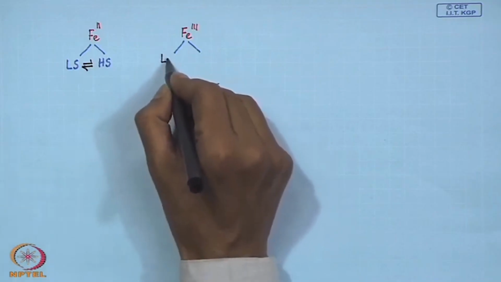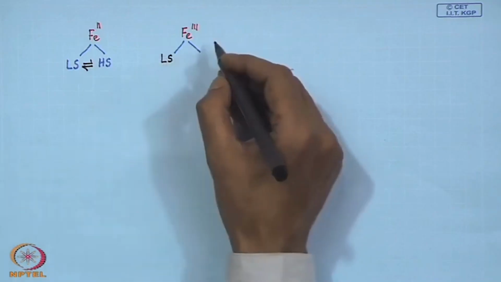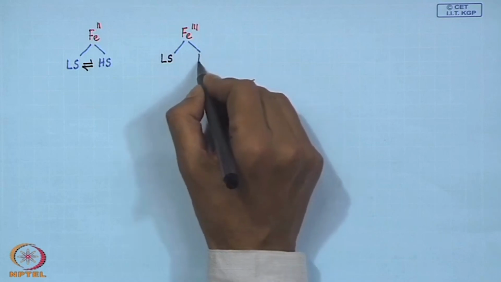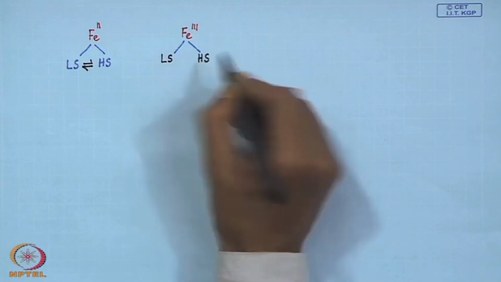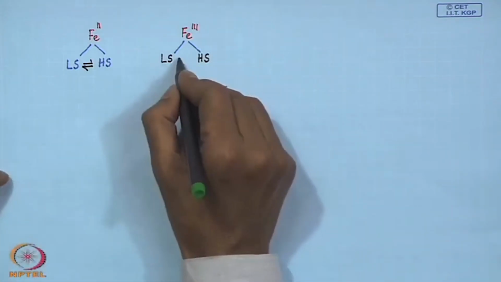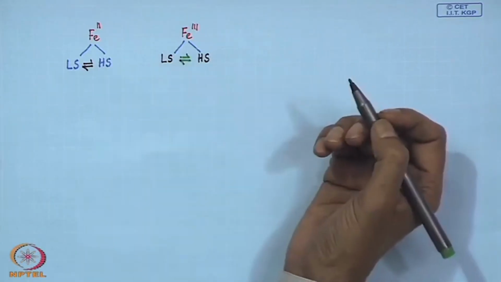Similarly, for the ferric state also we can have the low spin state and high spin state, and these two states can be in equilibrium at the same time.